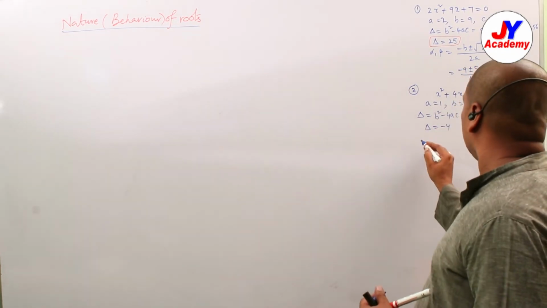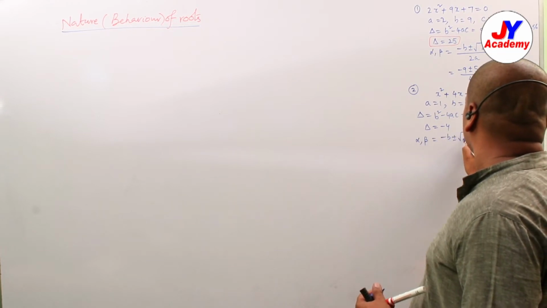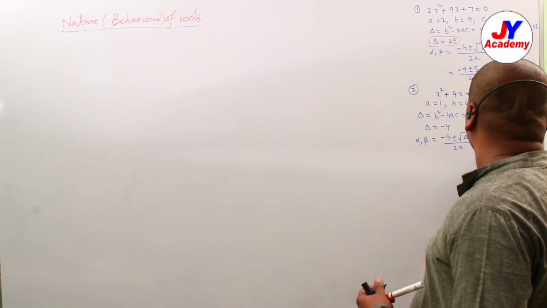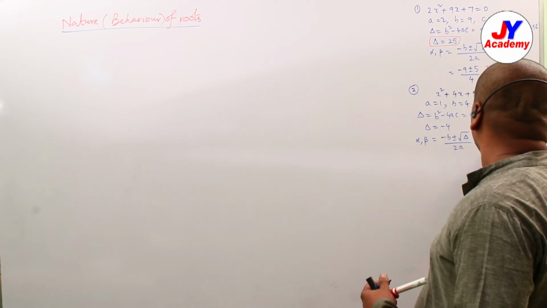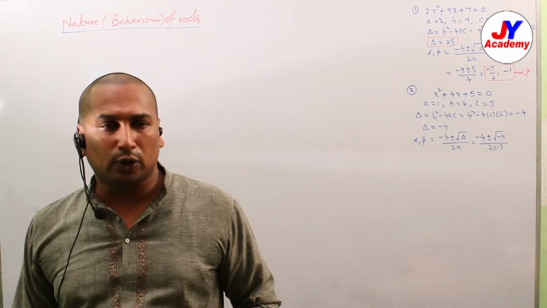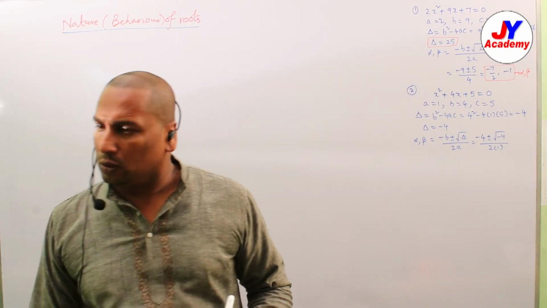So what is alpha, beta? Minus b plus or minus root delta by 2a, that is minus b plus or minus root over minus 4 by 2a. So what about root over minus 4? Root 4 is 2.